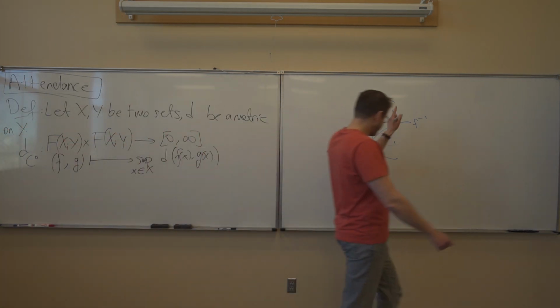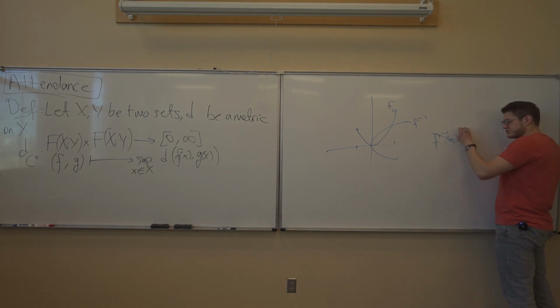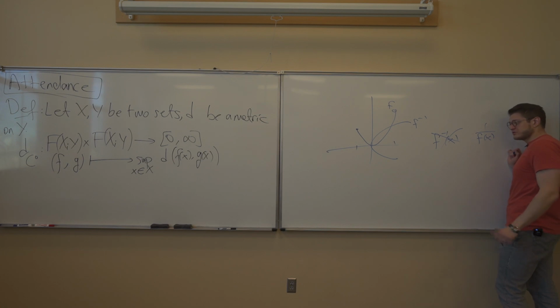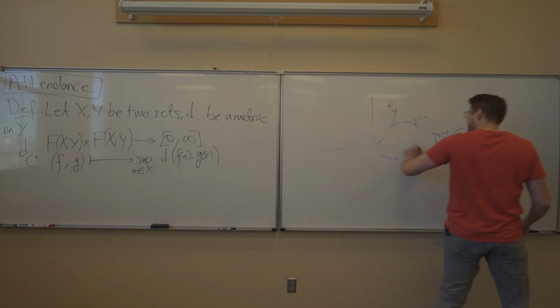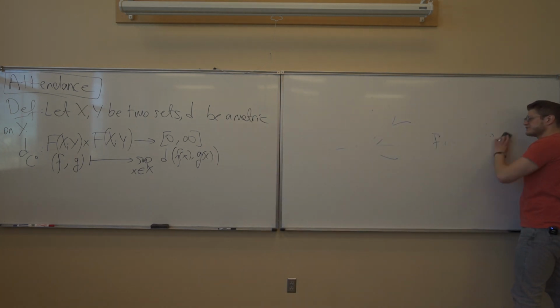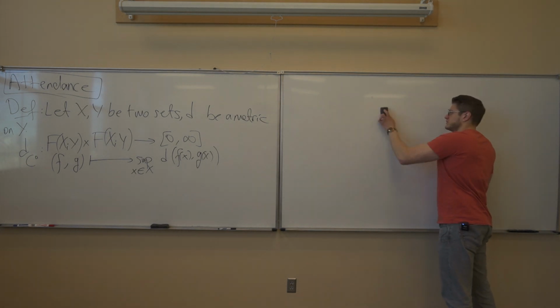So f inverse doesn't make sense in general, and it is also not the reciprocal. Okay, this is not the same thing as this. But anyway, in hindsight, I can see how this is a confusing thing, because it's kind of abstract a little bit.